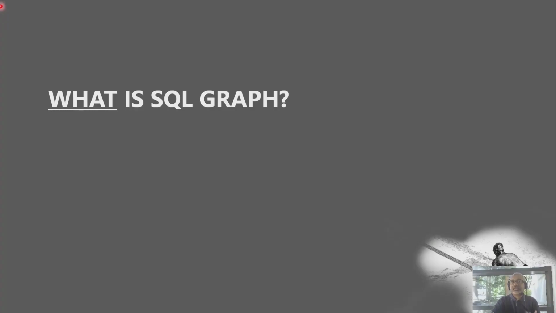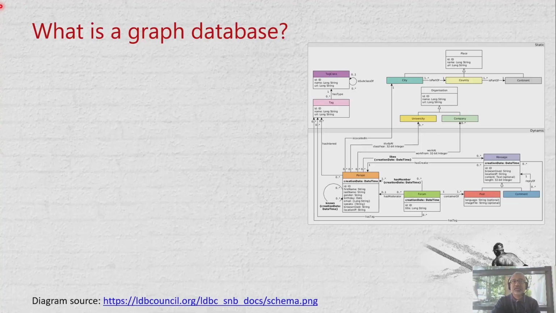The next question that we tried to depict in our initial list of questions is, what exactly is SQL Graph? What makes it special? Let's try to answer that question by first talking about what graph databases are. So on the right here is the data model that we talked about a little bit earlier, wherein you have a social network, you have people, you have places, you have forums, and so on. When you represent that formally using the members, the properties associated with each of these nodes and edges, it starts becoming more like a database where you have connected nodes, you have edges between those nodes, and so on.